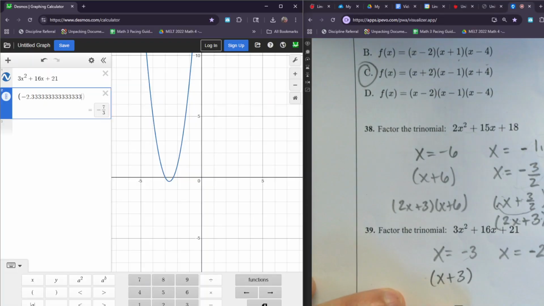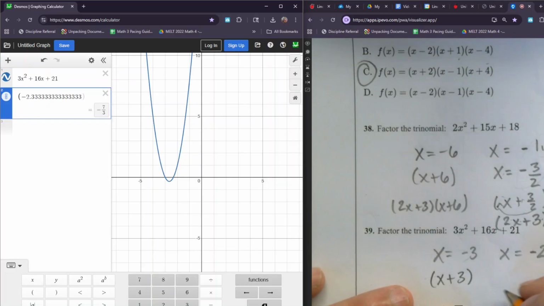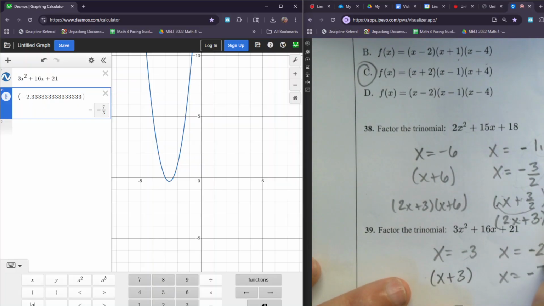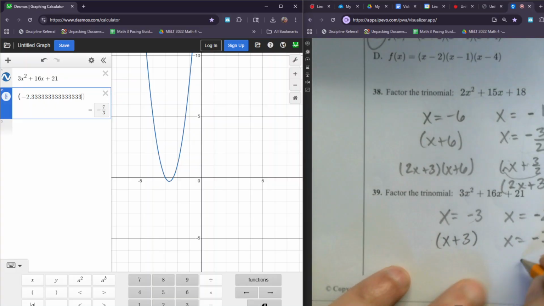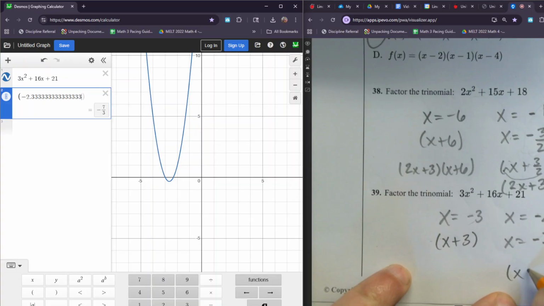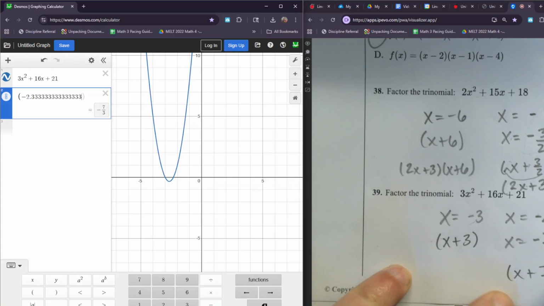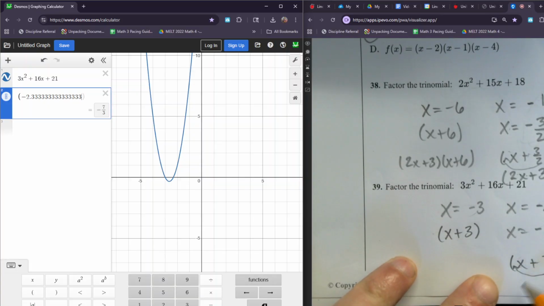There you go. So what that's saying is, since it knows it's repeating, this is its fractional equivalent. So this is actually x equals -7 over 3. All right, so if I make that a factor, x plus 7 over 3, bring the 3 up to the front, 3x plus 7.